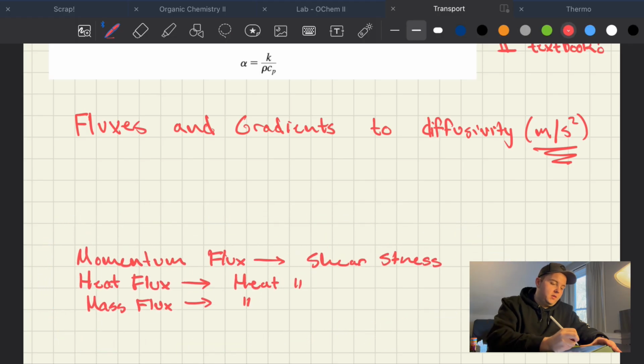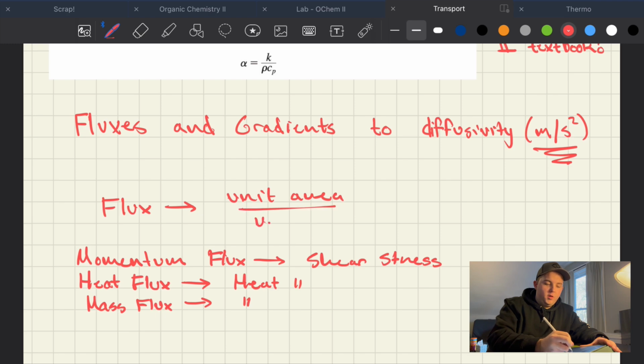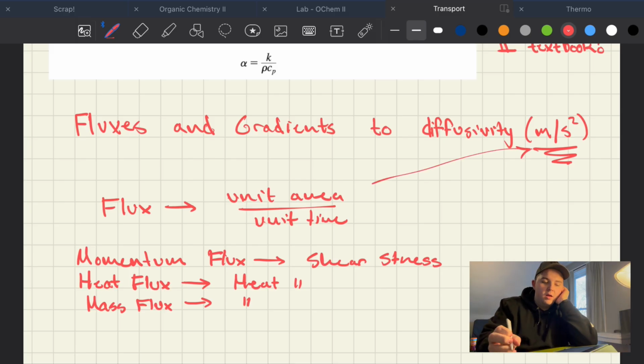So flux, in its simplest terms, is per unit area per unit time, which, as you can see, relates up here to the diffusivity in meters squared per second.